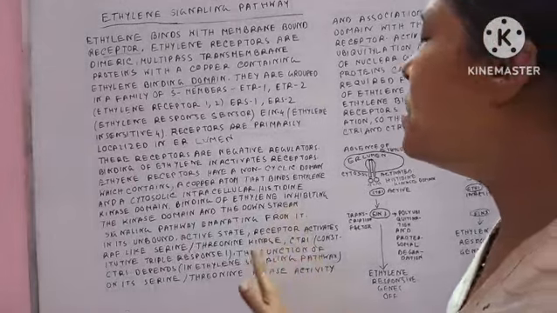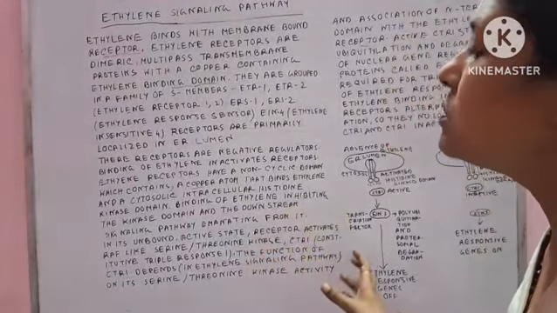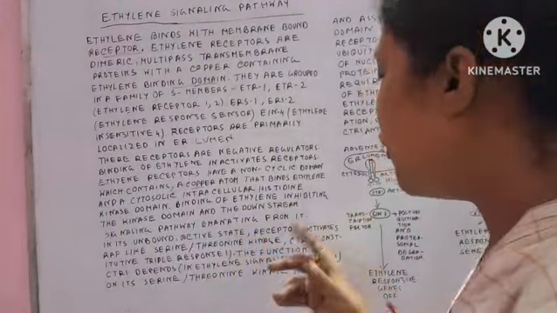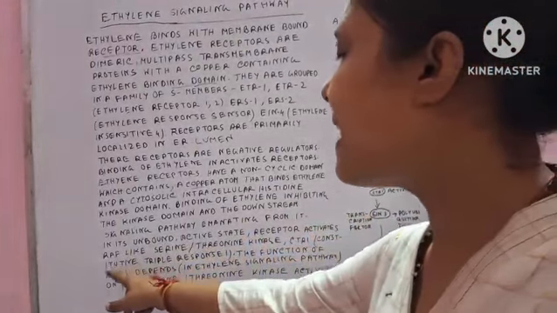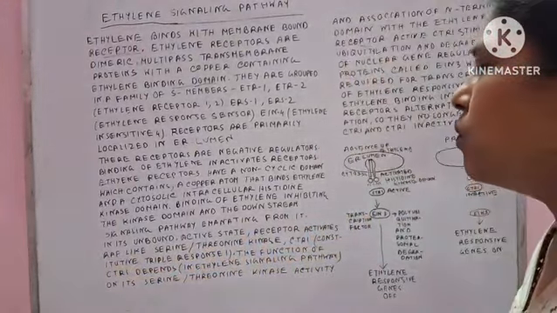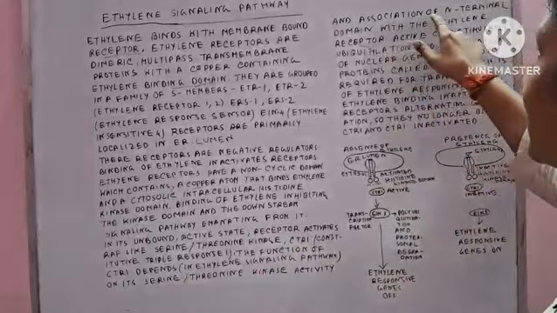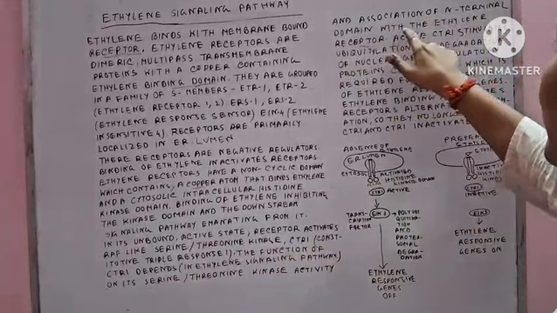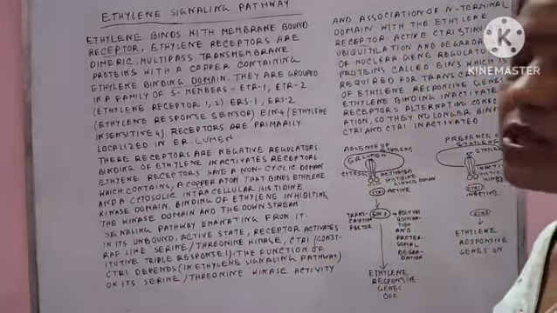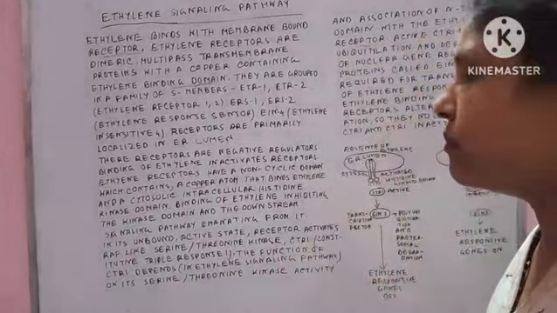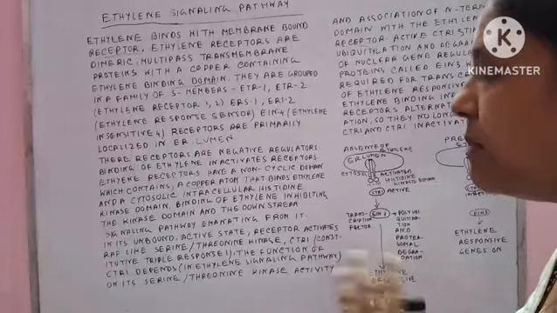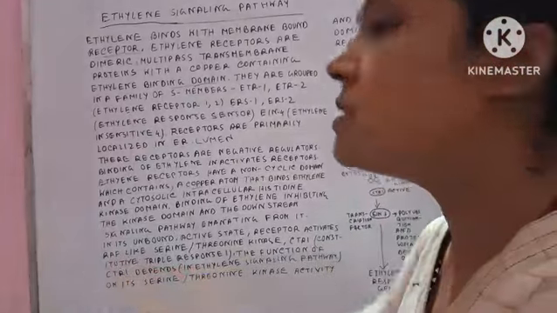So two important factors are involved in the activation or inactivation of CTR1: one is the serine threonine kinase activity, and another is the association of the N-terminal domain with the ethylene receptors.